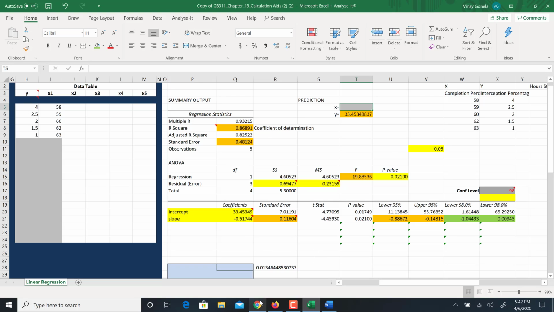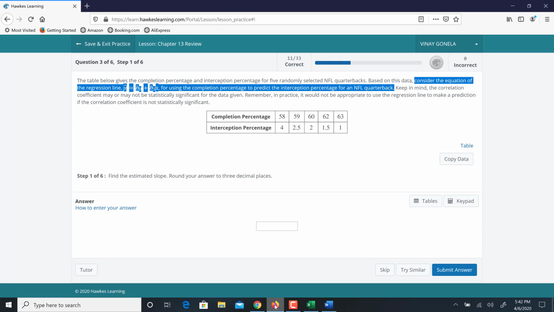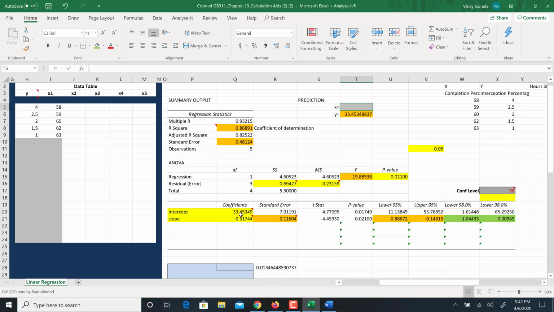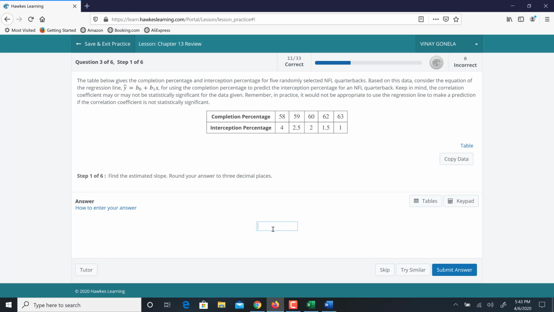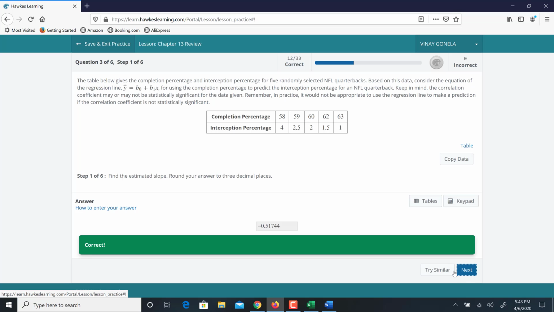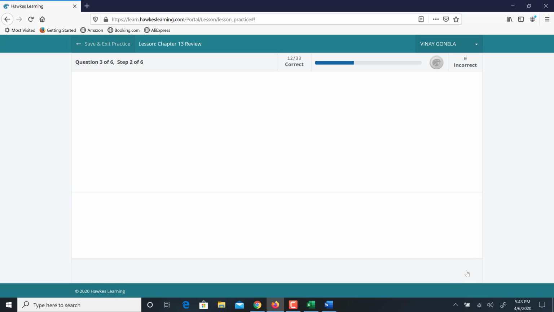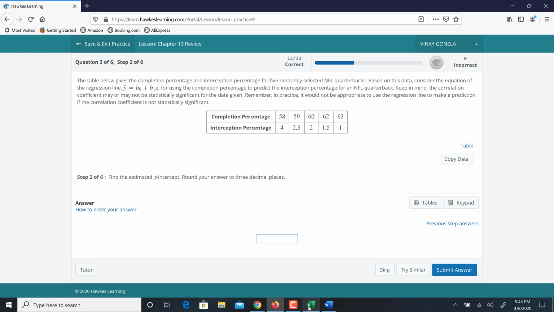So let's answer this question. Find the estimated slope. This estimated slope, I'll use a different color now, maybe light blue. Yeah, so that is our slope, negative 0.517. And then estimate the y-intercept.